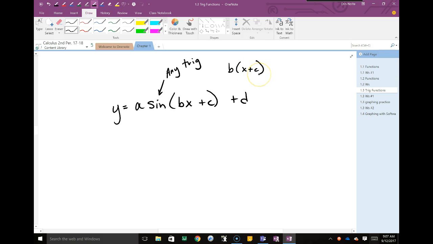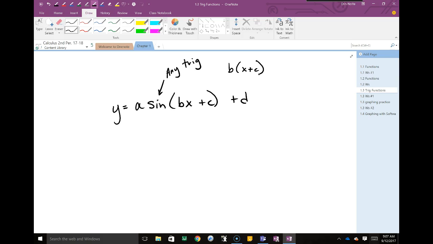So you could directly see your left and right movement. And the B was your horizontal stretch or shrink. Okay? Once you get past algebra, it is very rare you'll see that B pulled out. They usually put it inside. Okay, so in pre-calculus, they'll put that B on the inside. Okay, so I'm going to teach you how to do it that way.